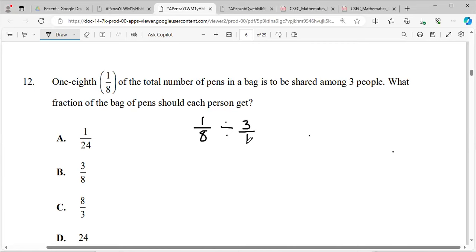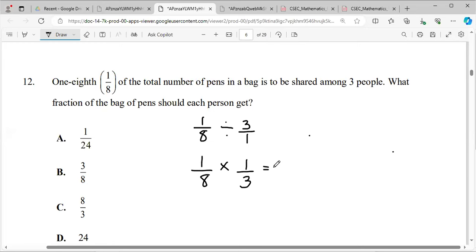And then, sir, you're going to put back the 1/8 multiplied by 1/3 because you're finding the reciprocal of 3 over 1. And then, sir, there is nothing to cancel because you can't say 1 into 8 goes 8 times and 3 into 1 goes 3 times.